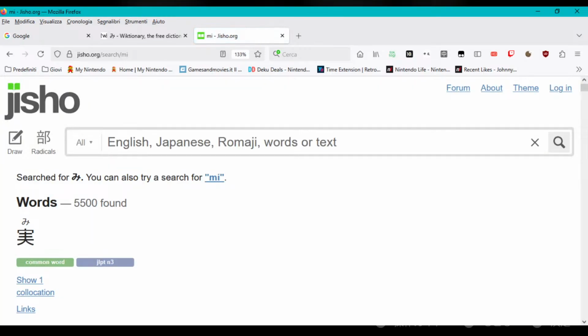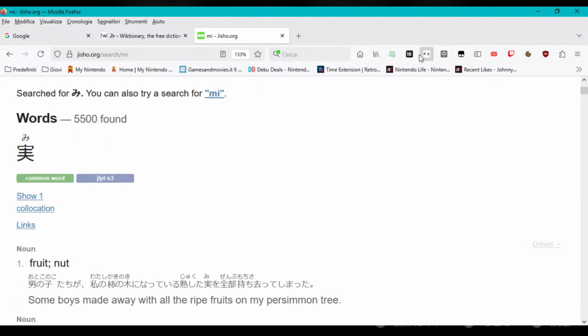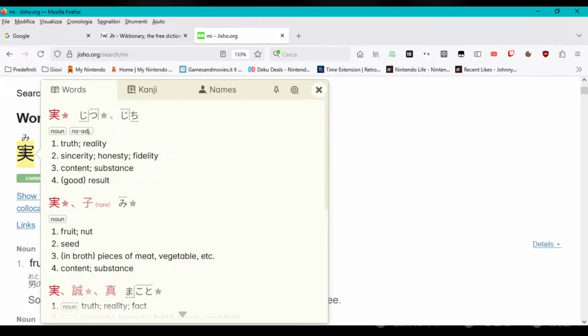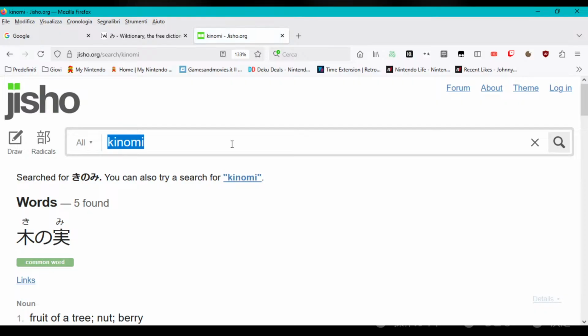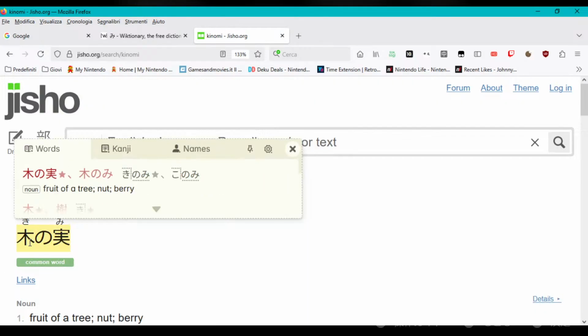Me, this one, let's ignore the other readings for now. Me, unaccented, fruit, nut. More often than not, as seen in the compound kinomi, accented on the first one.